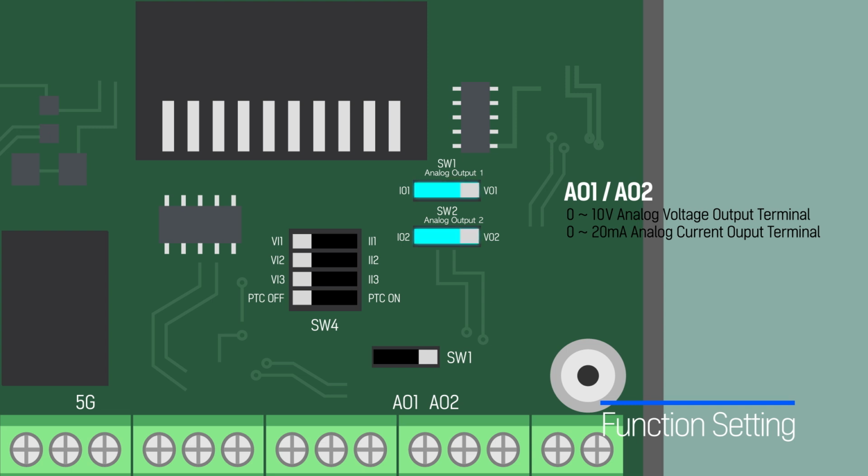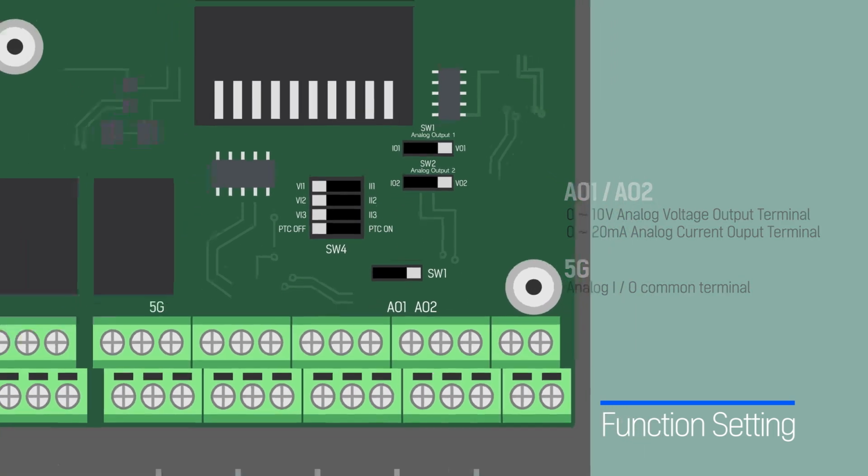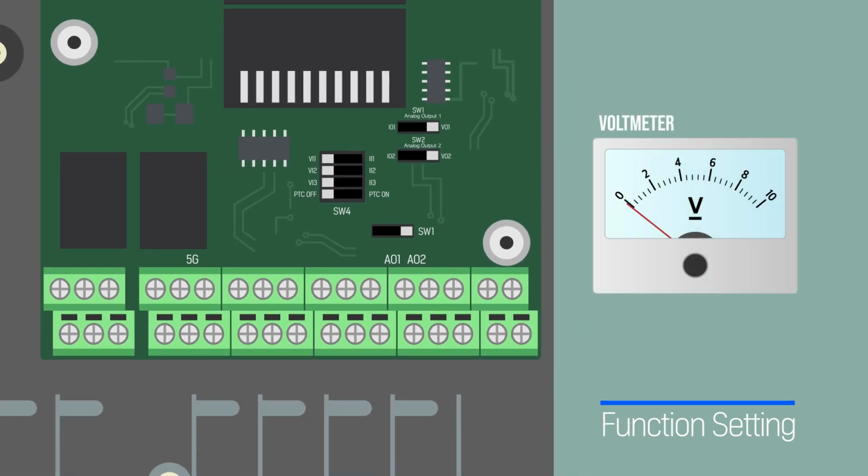The factory default settings for these terminals are set to voltage output, so please take this into consideration. Moreover, 5G serves as a common terminal for analog input and output. To output voltage using a voltmeter, wire the A01 and 5G terminals together.